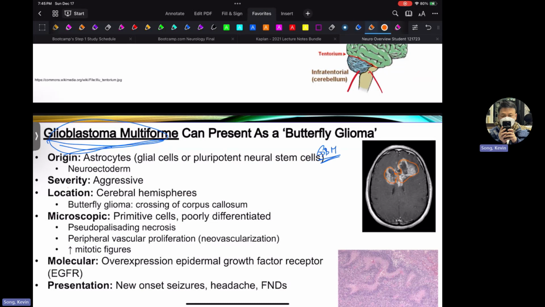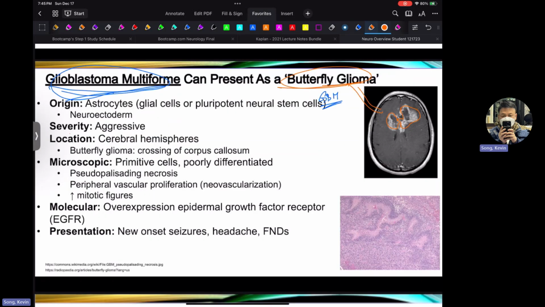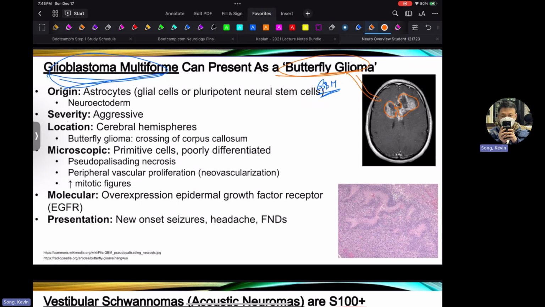I can see the butterfly shape here. Because it's also an astrocytoma and a glial cell, you will see GFAP positive. Although I'm not sure why they don't mention it here, you should have this marker, because it's a glial cell, right?